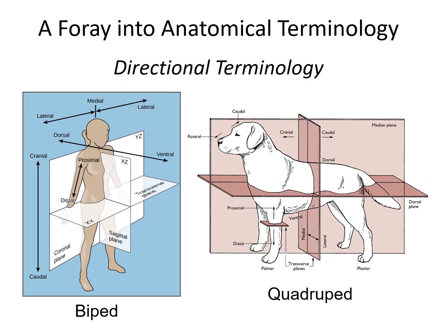You may be dissecting quadrupeds, four-legged critters, in the lab. So I just wanted to point out that the directional terminology is a little bit different in the two, and that can get kind of confusing. Quadrupeds are animals that walk on four legs, the majority of animals. Bipeds are animals that walk upright on two legs. So us, for instance. There's not too many other examples of bipeds.